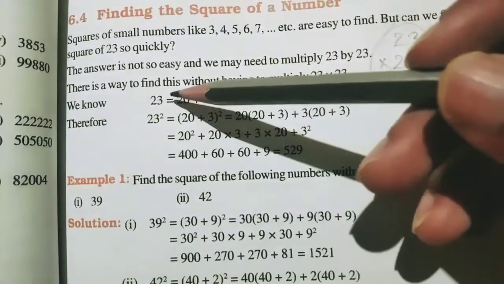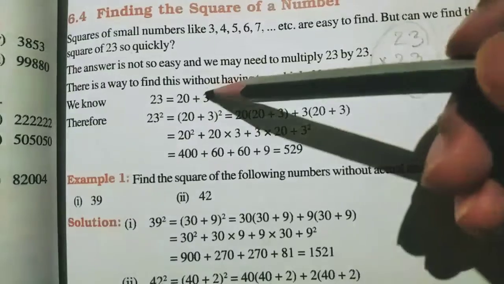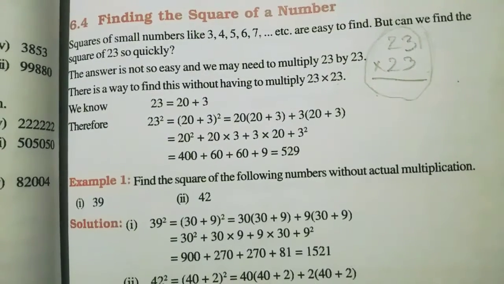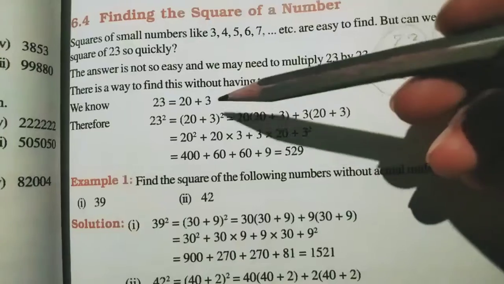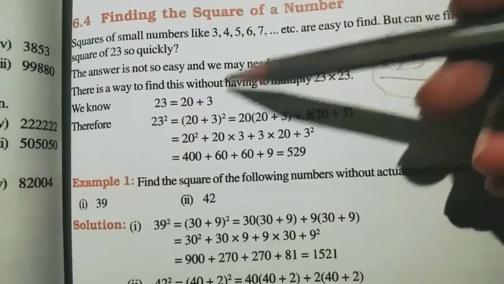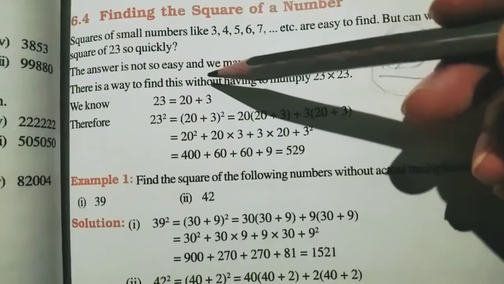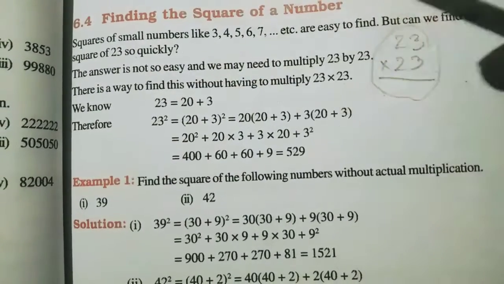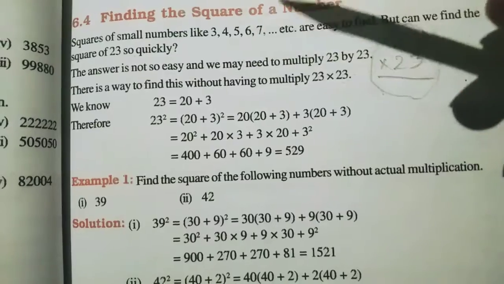You have to break that number into two parts. Okay, break the number into an addition of two parts, and that number should be easy for your calculation. Always try to include a single digit there. Understood?